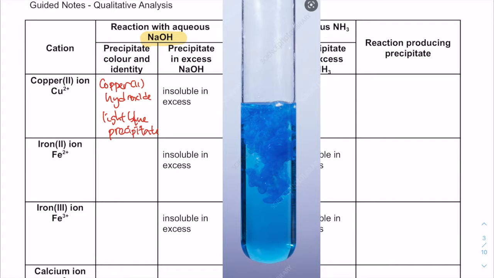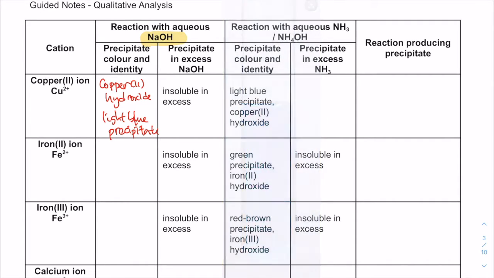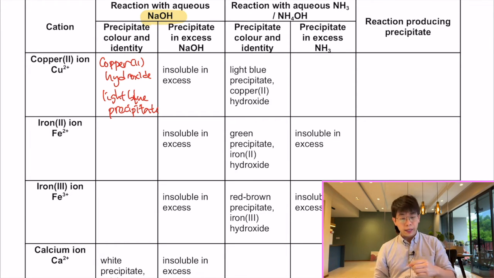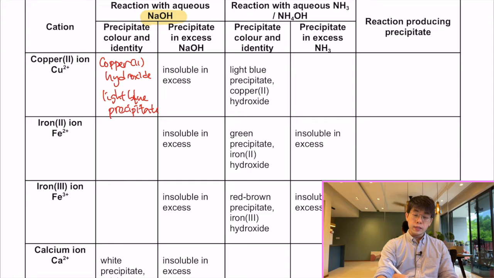That's very important for us to know. When we add in excess, this copper 2 hydroxide is a basic hydroxide, and therefore it does not react with more alkali. So this is insoluble in excess because it cannot react with more alkali.